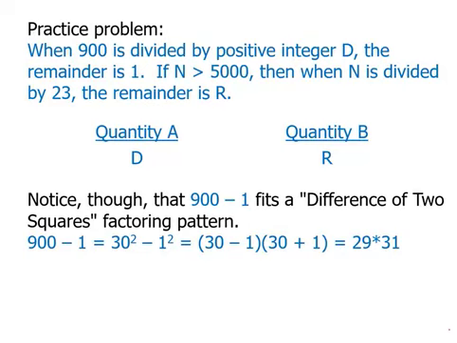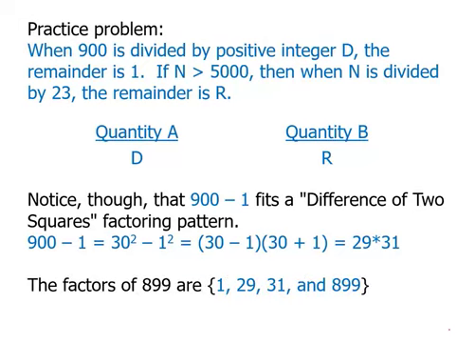And so it turns out that those two prime numbers are the factors of 899. So the factors of 899 are 1, of course 1 is a factor of every number, 29, 31, and of course 899 itself.